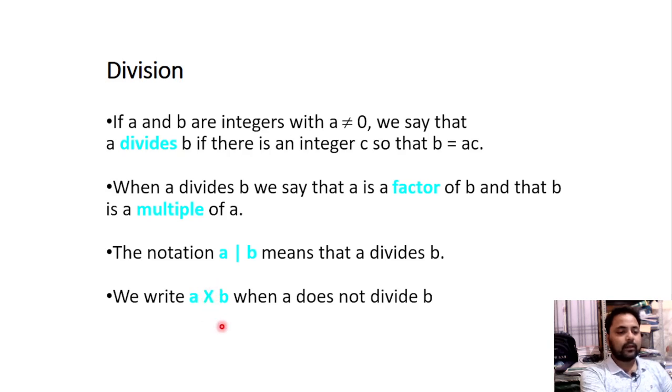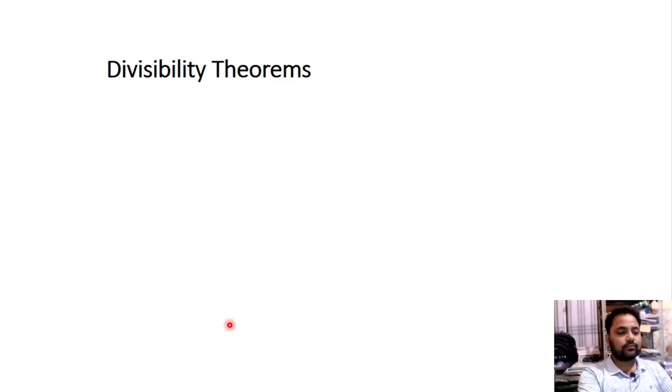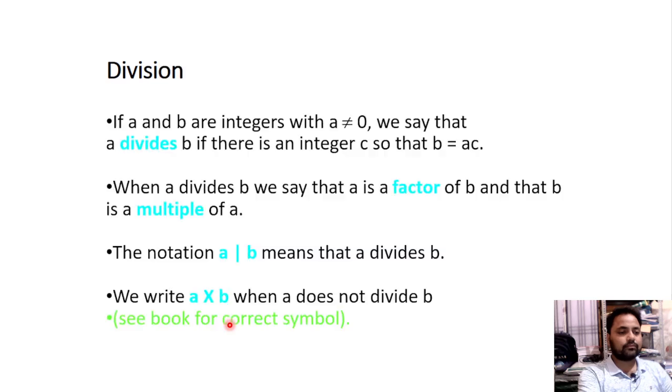The symbol must be the vertical line with a cross over it, meaning a does not divide b.